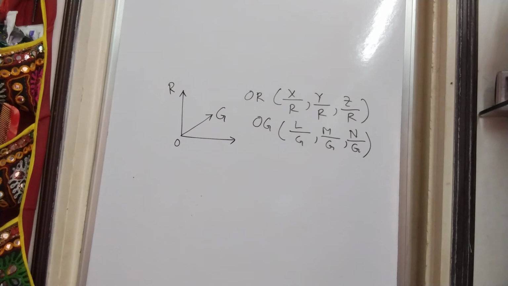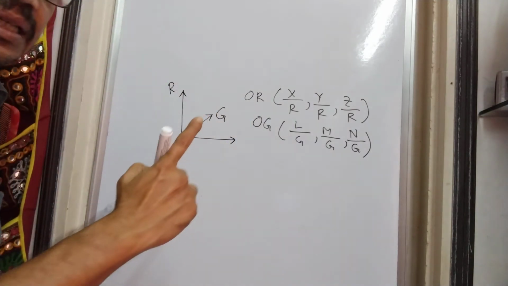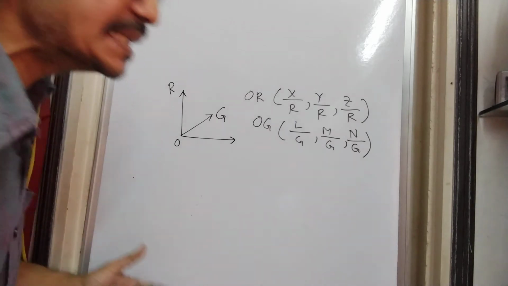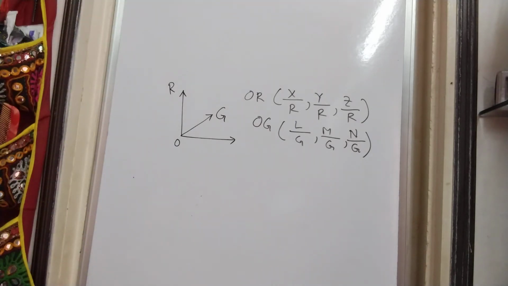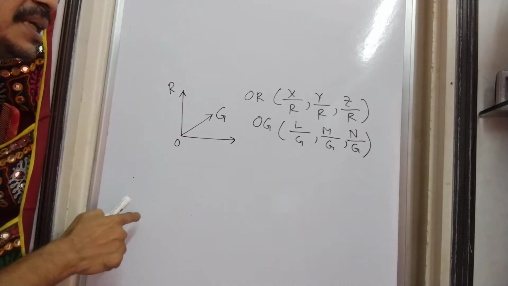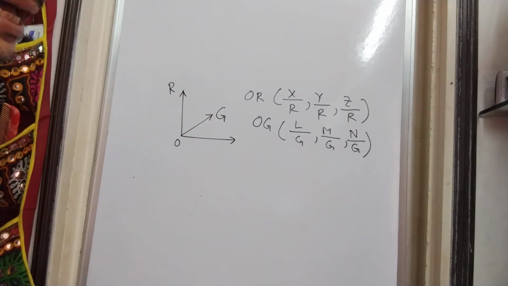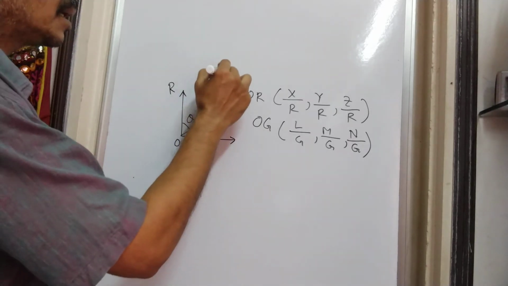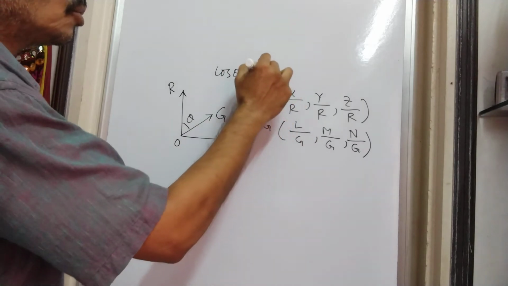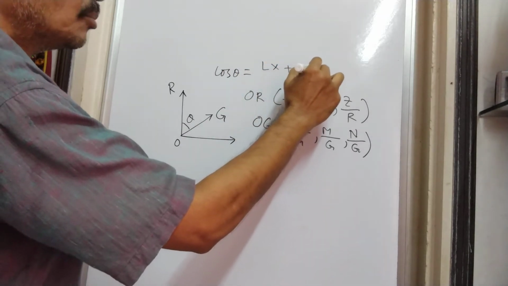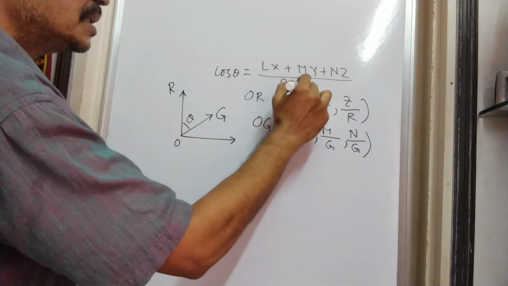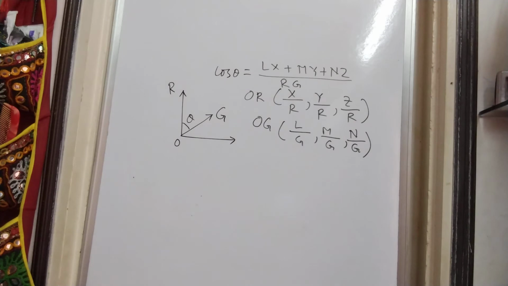Now our intention is to find a single line which will be the Poinsot central axis and which will represent all the resultant force and the resultant couple of the body. Here we have the resultant force along a direction and resultant couple along another direction, and they have the angle theta, which will obviously be given by cos theta equal to, you all know, Lx plus My plus Nz by R into G. Isn't it so?